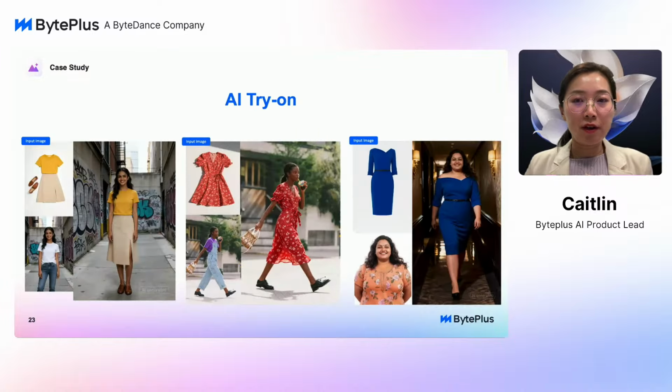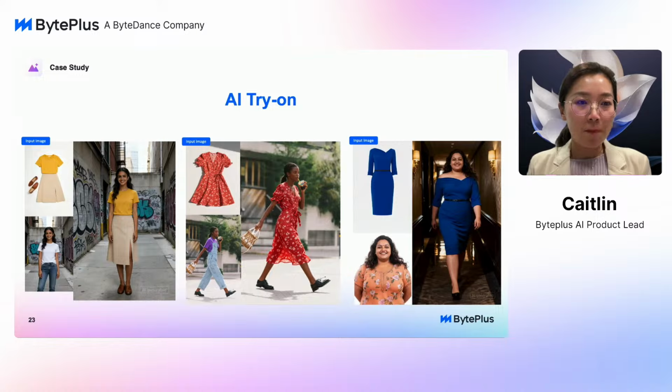And more AI try-on examples are shown here. So I think what we are trying to say is that the model is getting stronger and stronger, where it can overcome a lot of the challenges that we have previously seen.